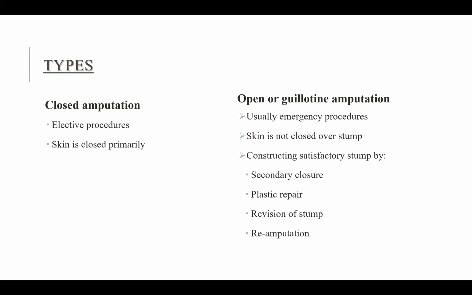The skin closure is later done as a secondary closure, or a plastic repair in which soft tissues are repaired without cutting the bone and skin flaps are closed, or by revision of the stump where terminal granulation tissue, scar tissue, and a moderate amount of bone are removed and stump reconstruction is done. In reamputation, amputation is done at a higher level.